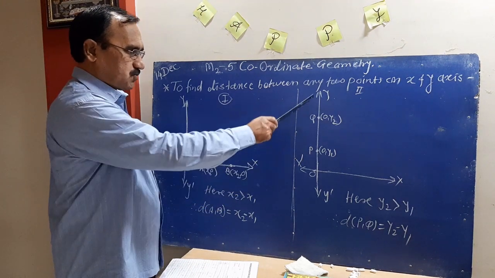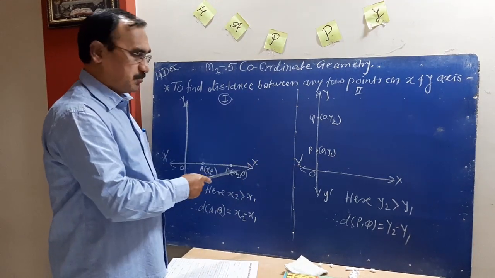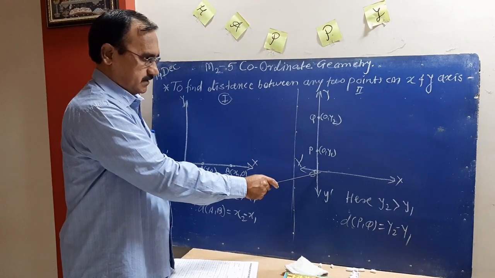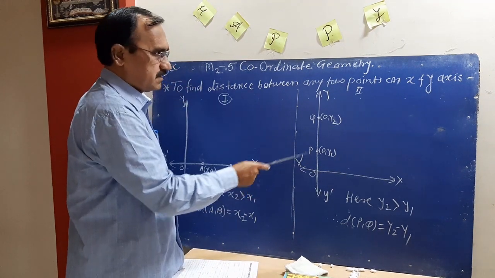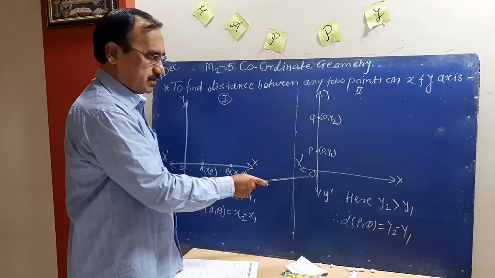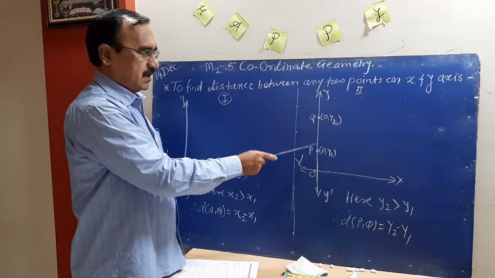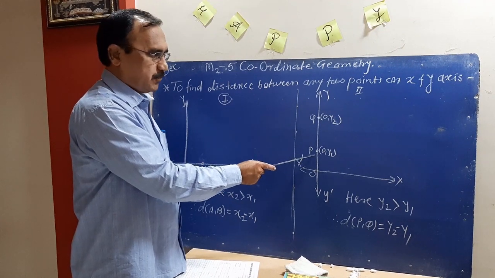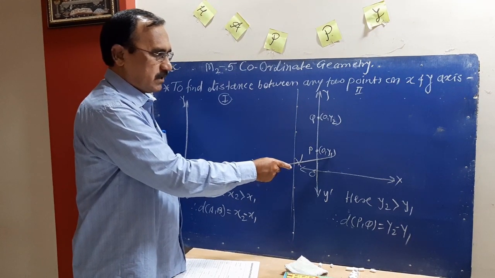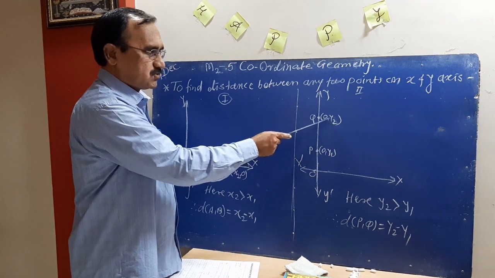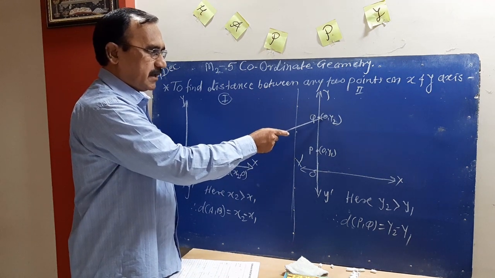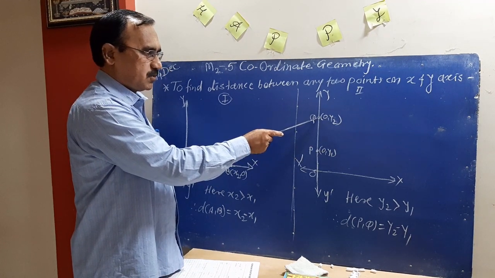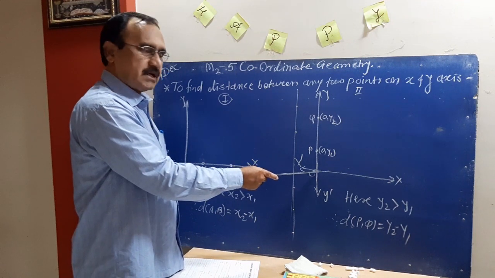Now in the first case the points are on the x-axis, and in the second case the points are on the y-axis. Again this is the x dash axis, this is the y-axis, this is the origin. Take here point P and here point Q, which lie on the y-axis. The coordinate of point P is 0, y1. y1 and y2 are the y coordinates, and the x coordinate of both points is 0, because if we draw the perpendicular from Q and P on the x-axis, it will be 0.